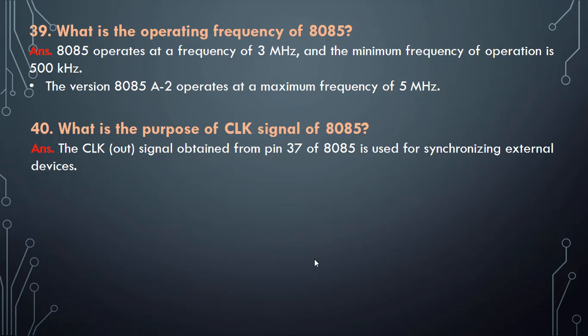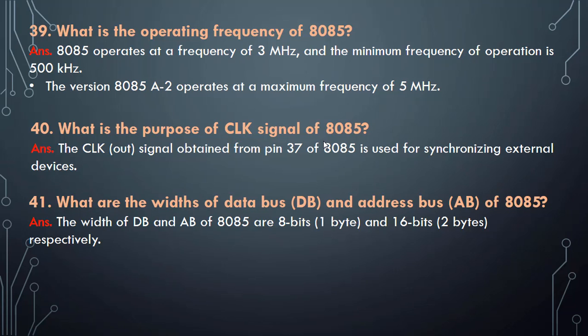The next question, what is the purpose of the clock signal of 8085? The clock out signal is obtained from pin number 37 of 8085, which is basically used to synchronize external devices.